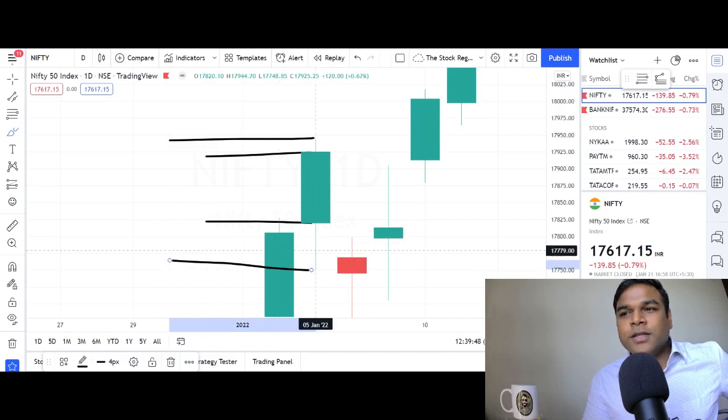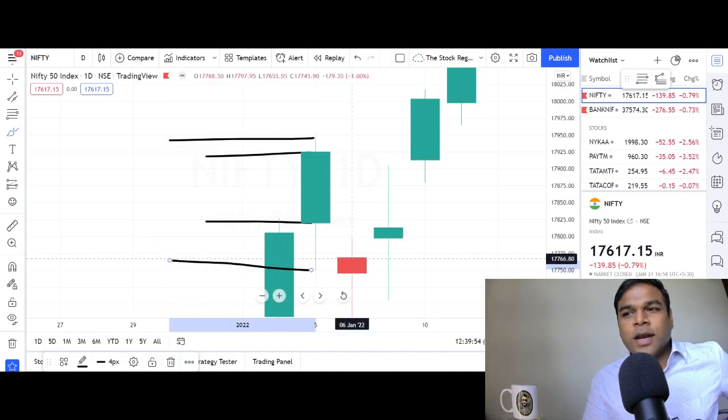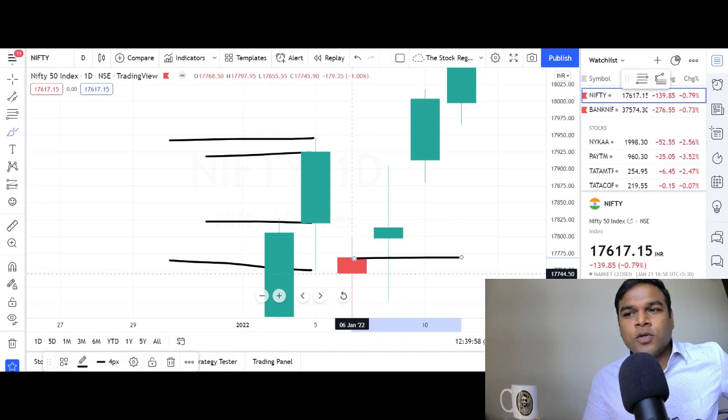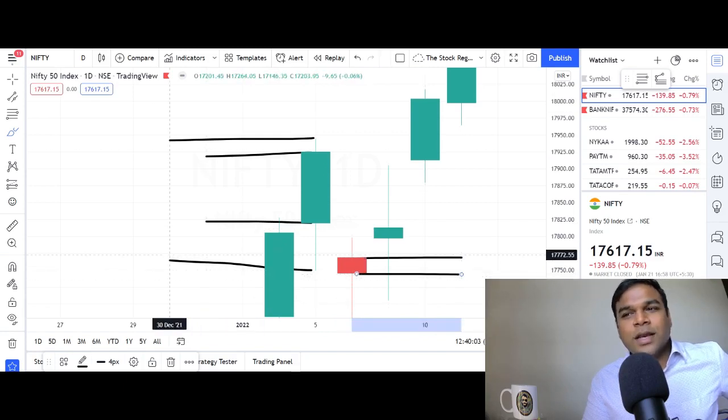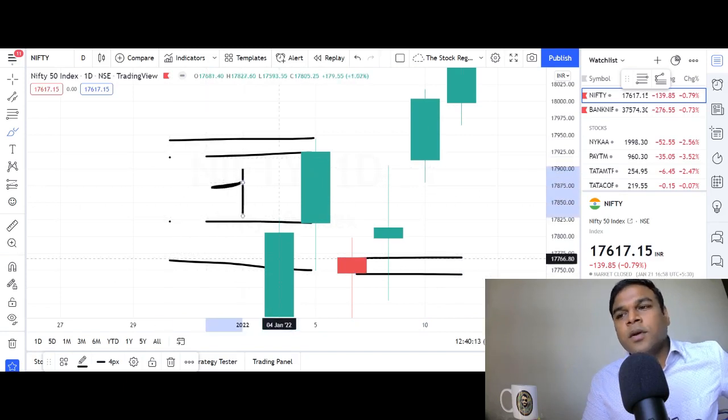The only difference between a red and a green candle is going to be in the opening part and the closing part. So in a red candle, the opening is going to be on the top and the closing is going to be at the bottom of the body of the candle, whereas in a green candle it is the other way around. The opening is going to be at the bottom and the closing is going to be on the top, indicating a positive move in the candle.